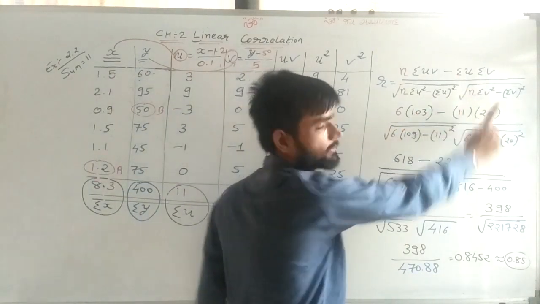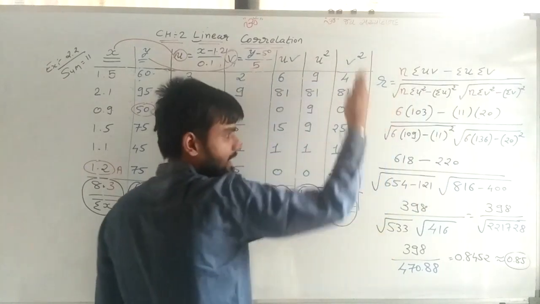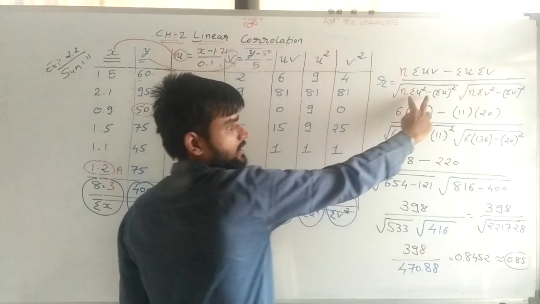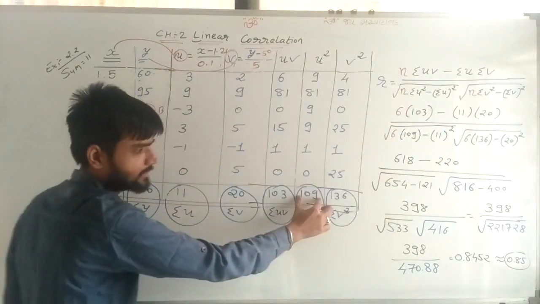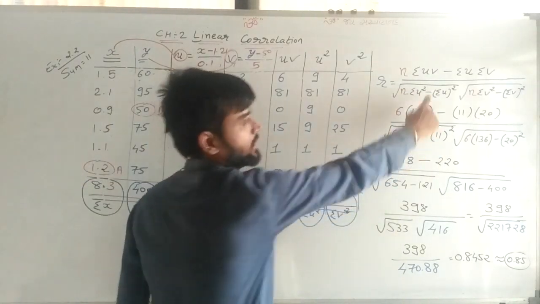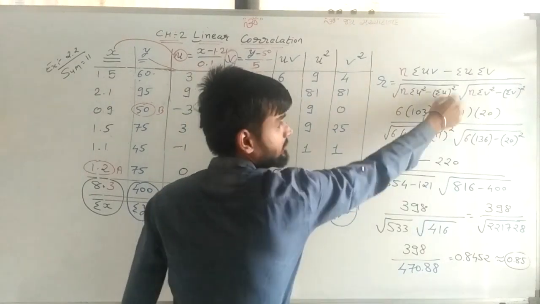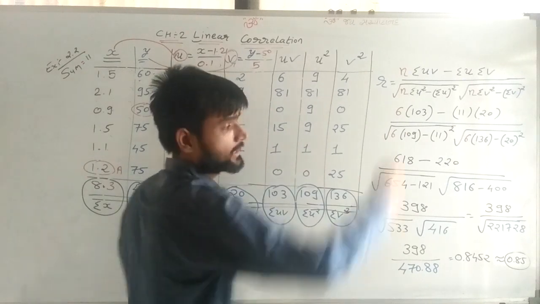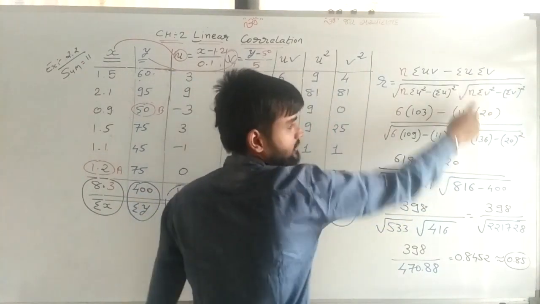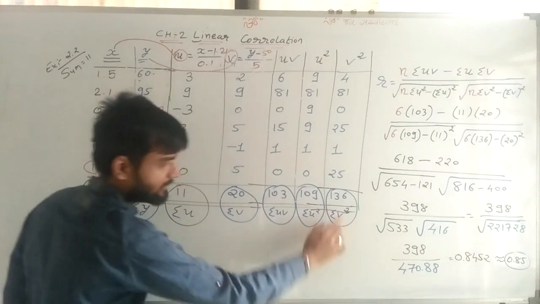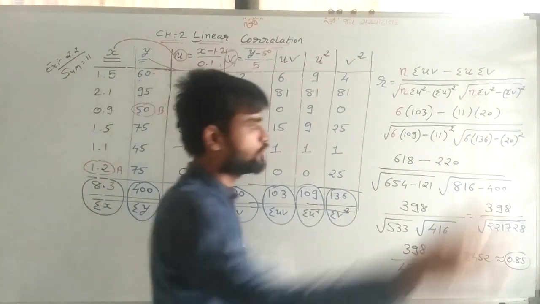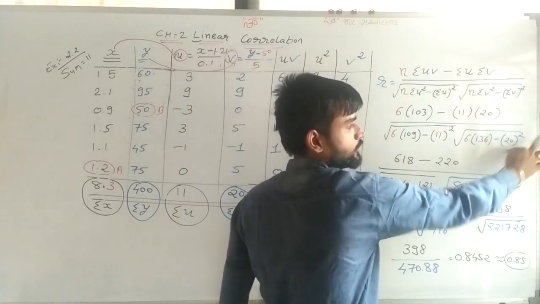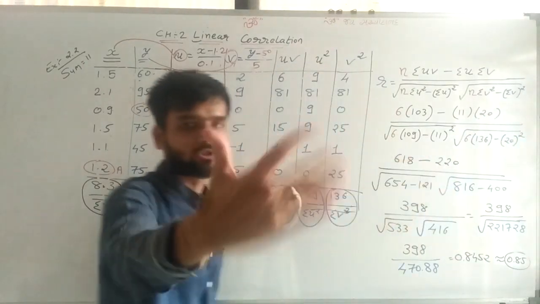Divided by under root, n is equal to 6, sigma u square here is 109, minus sigma u whole square, 11 whole square. Second under root, n is 6, sigma v square here is 136, so 6 into 136 minus sigma v whole square, 20 whole square.